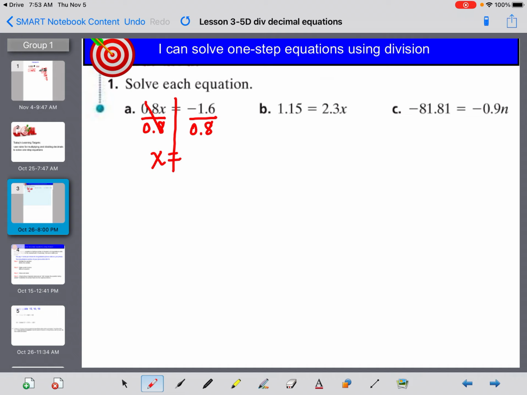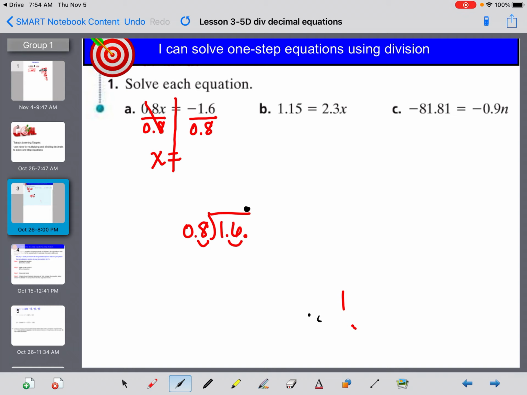On the right-hand side, I need to take 1 6/10 and divide it by 8/10. I cannot have a decimal in my divisor, so I move the decimal one place over in both of my numbers. Then I bring the decimal point straight up.